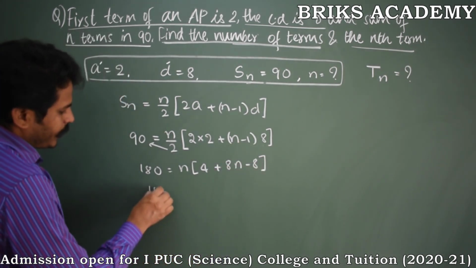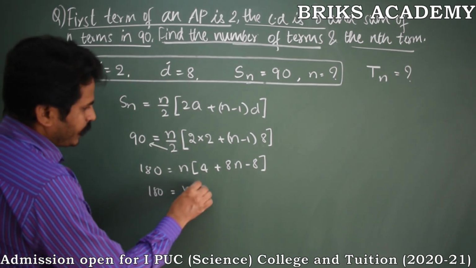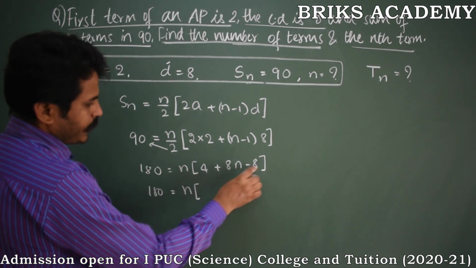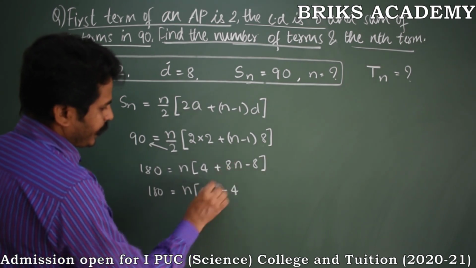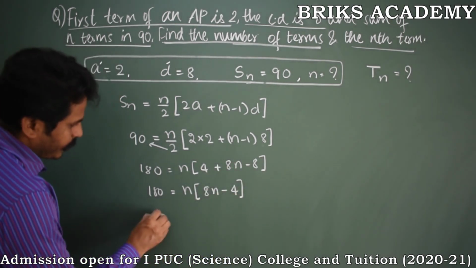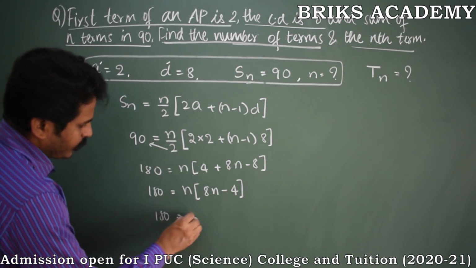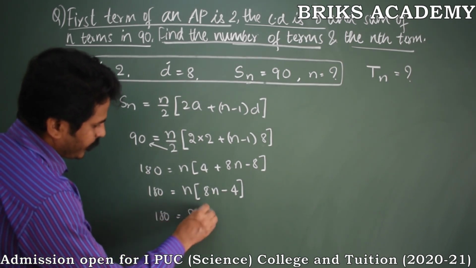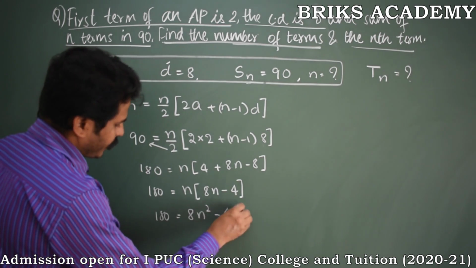That is 180 equal to n into 8n minus 4. If I multiply that, 180 is equal to 8n square minus 4n.